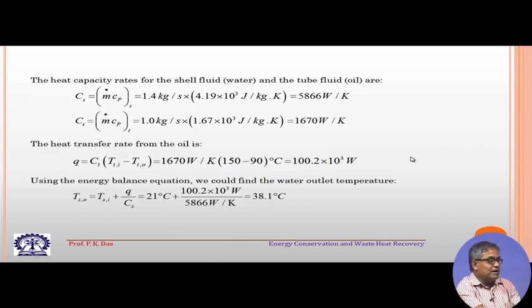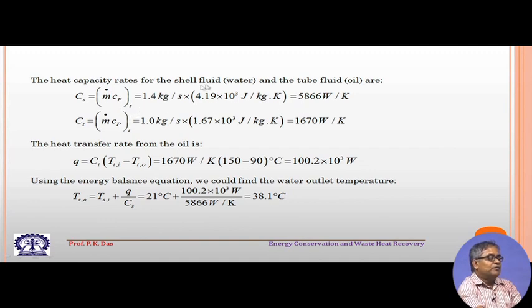So, with this data, if we want to determine the surface area needed for this heat exchange, we get heat capacity rates for shell fluid, that is water, and tube fluid, that is oil. So, C s is given by m dot Cp s, all for water.